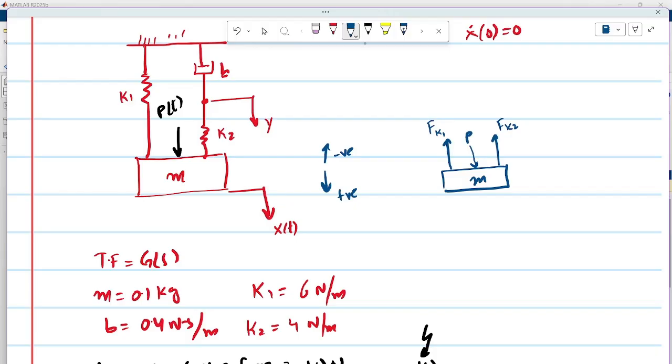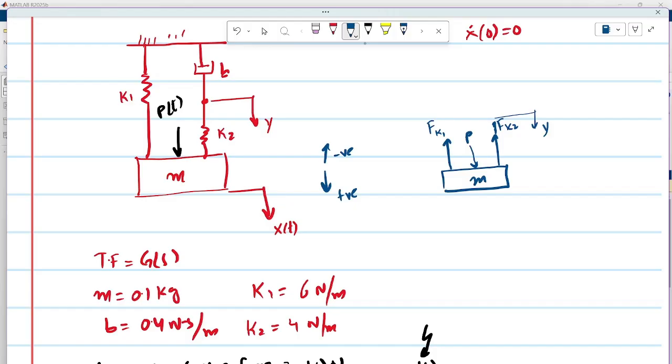You can write this one, and for Fk2, we have the y coordinate here as well, so it's not just moving absolutely, there's some relative motion for the second spring.